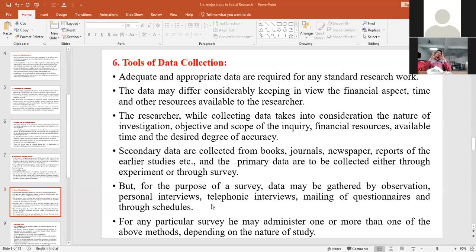With these methods the researcher can get the primary data, and the secondary data is almost always available in printed as well as non-printed sources.